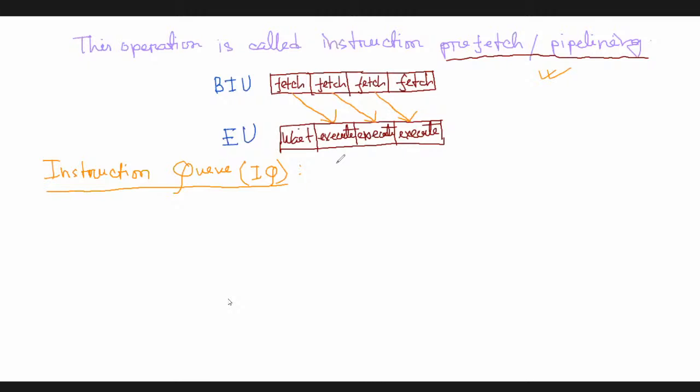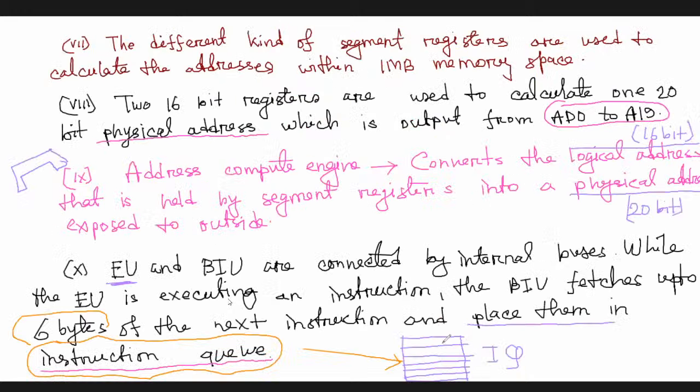Okay, you can say what is the instruction queue? 6 locations. You can see here 1 2 3 4 5 6.